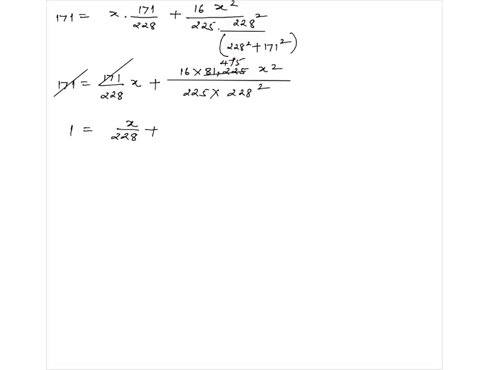Now let's make these numbers somewhat small. 228 is not divisible by 16. But 228 is divisible by 4.